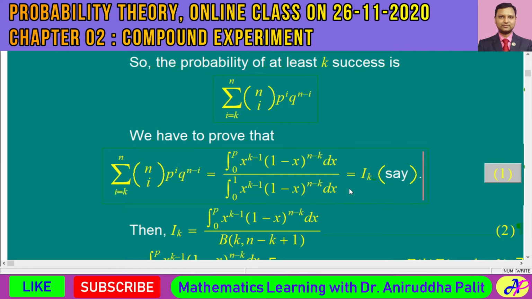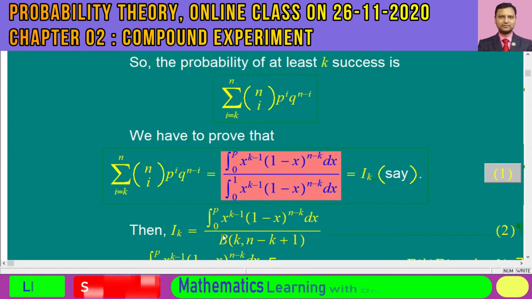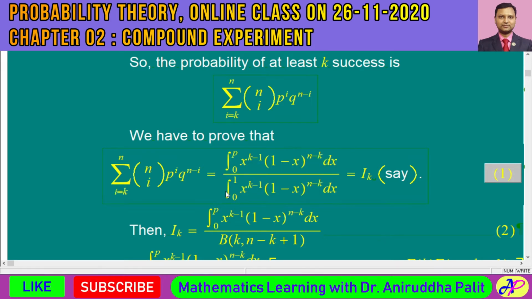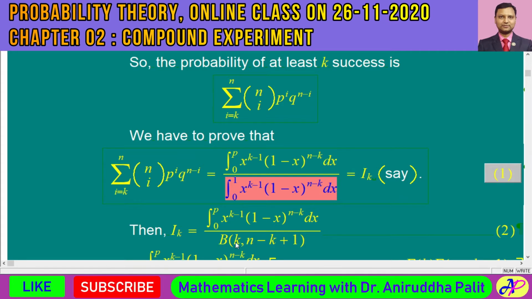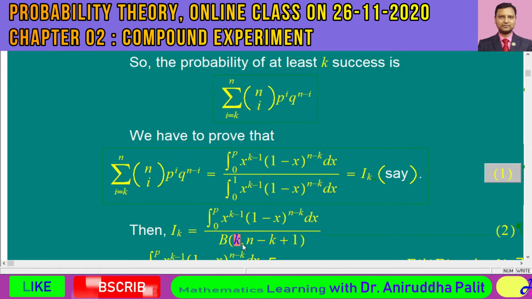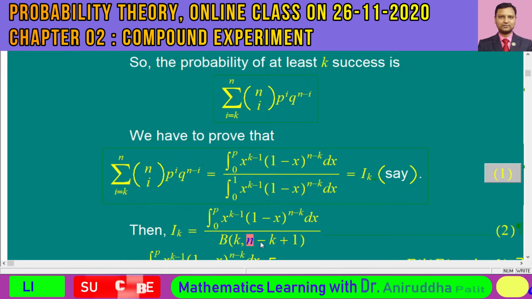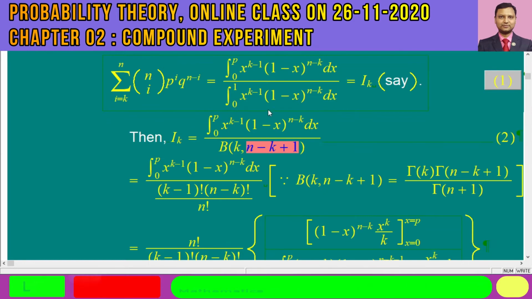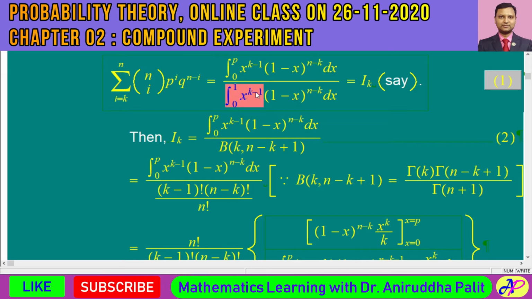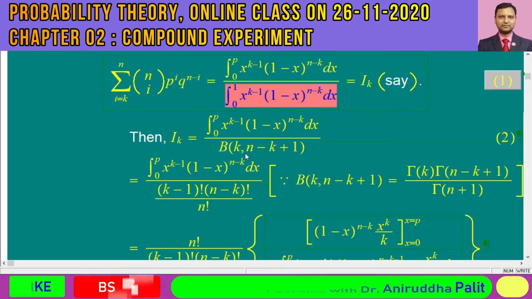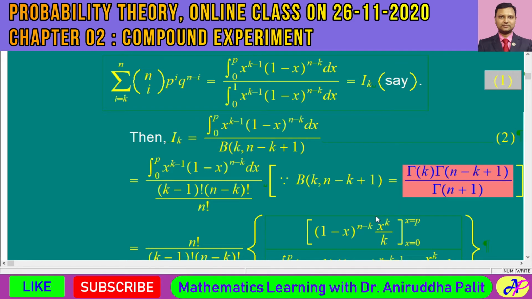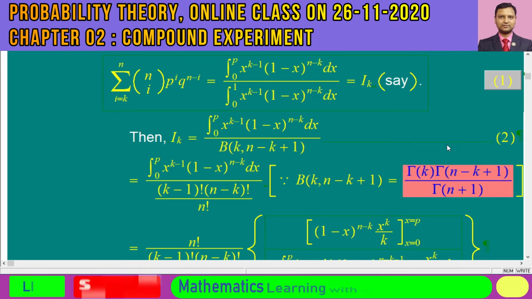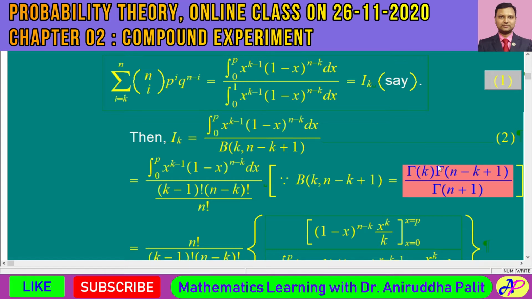Now, we suppose that ik is equal to this kind of ratio, and this denominator is actually a beta function with parameters k and n minus k plus 1. So I'm writing this in terms of the beta function. k is an integer, therefore this beta function can be written in terms of the gamma function, and further this gamma function can be written as a factorial.